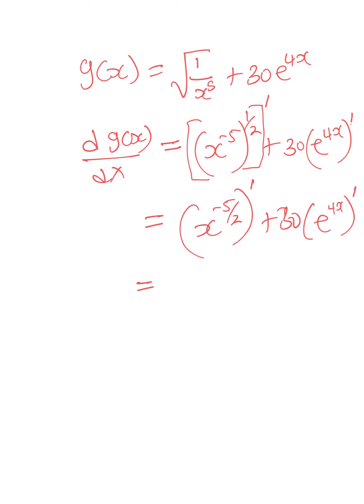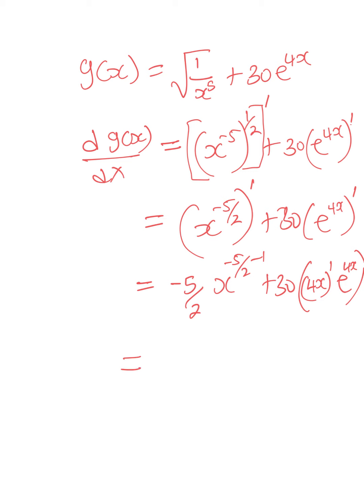What we said about powers of x: the power drops, minus 5 over 2, x to the minus 5 over 2 minus 1, plus 30. Then we differentiate the power here. We're going to differentiate 4x, and then multiply by e to the 4x. So what do we have? This is going to be minus 5 over 2, then x to the minus 7 over 2, plus 30.